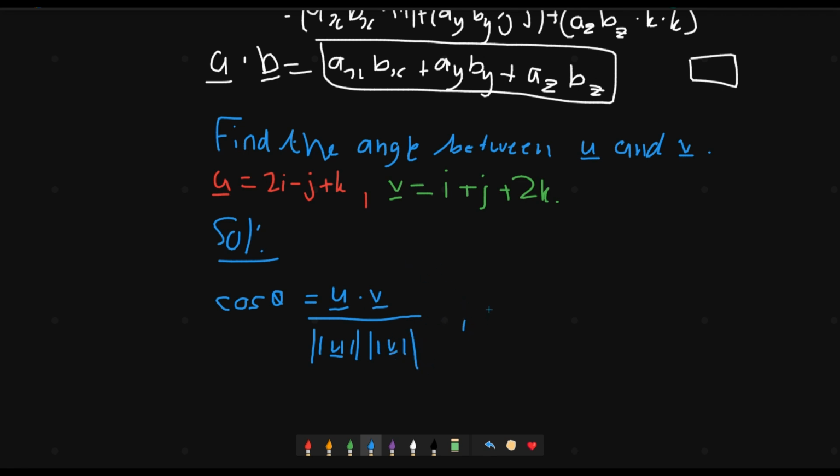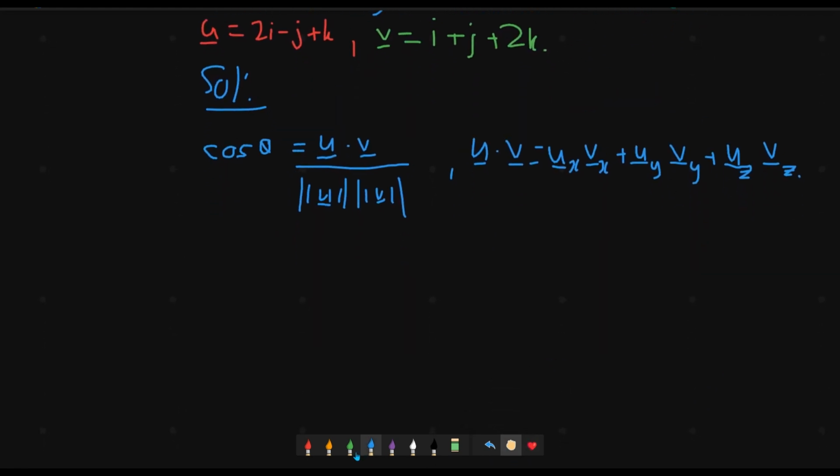But we also know that u dot v equals u sub x v sub x plus u sub y v sub y plus u sub z and v sub z. Okay, so let's apply these formulas now.